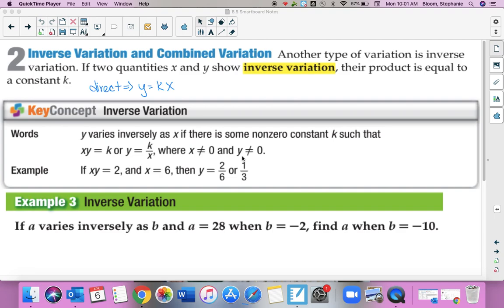For inverse, if it says y varies inversely as x, then you're going to write it being that constant divided by the variable that comes after those words varies inversely.